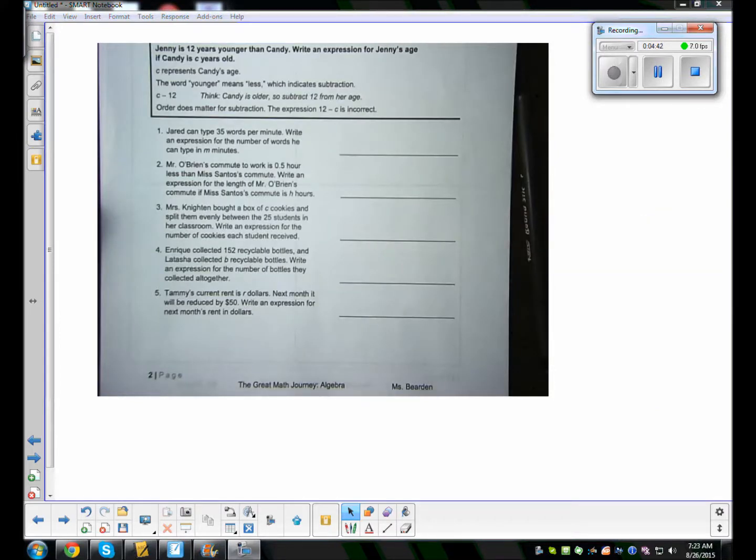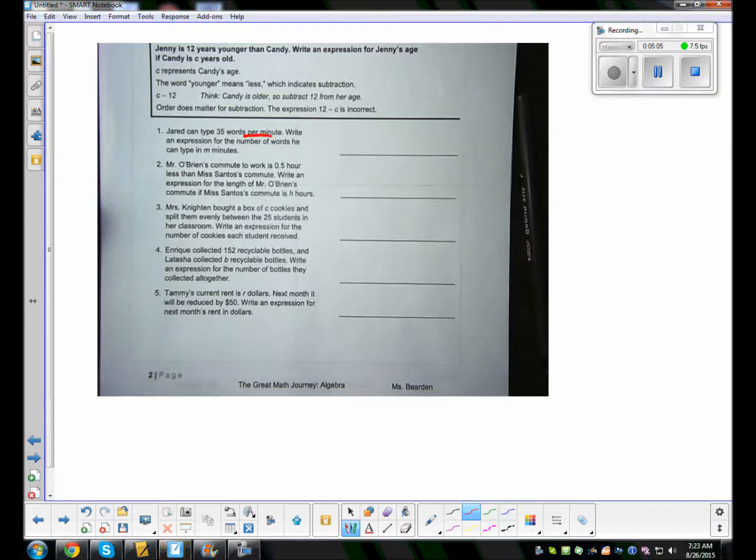Okay, so now your brain is thinking about English words that represent algebra expressions. So we're going to translate some of these problems into algebraic expressions. So Jared can type 35 words per minute. Write an expression for the number of words that he can type in m minutes. So I'm going to look for keywords here.